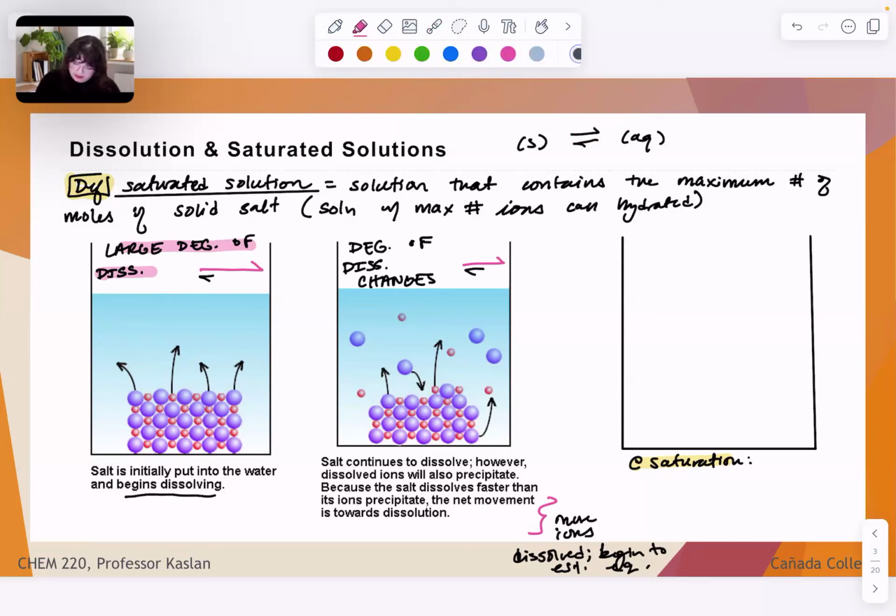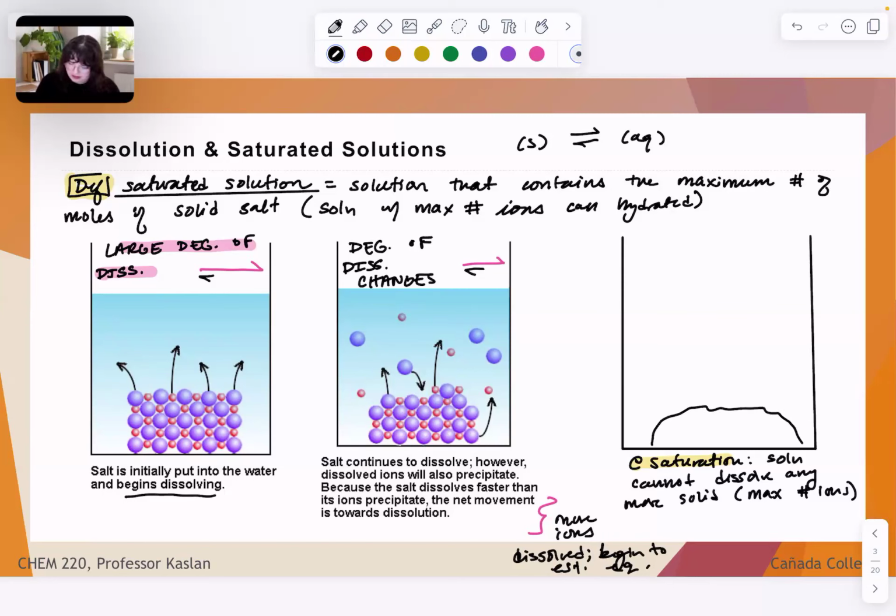Let's take this a step further. What happens once we've reached the saturation point? At saturation, our solution cannot dissolve any more solid salt, meaning we have maxed out the number of ions in solution.